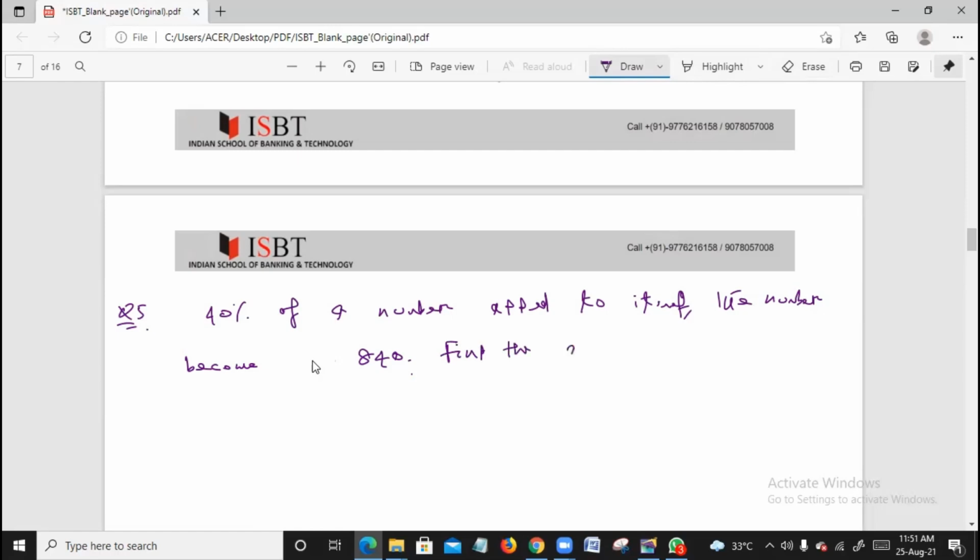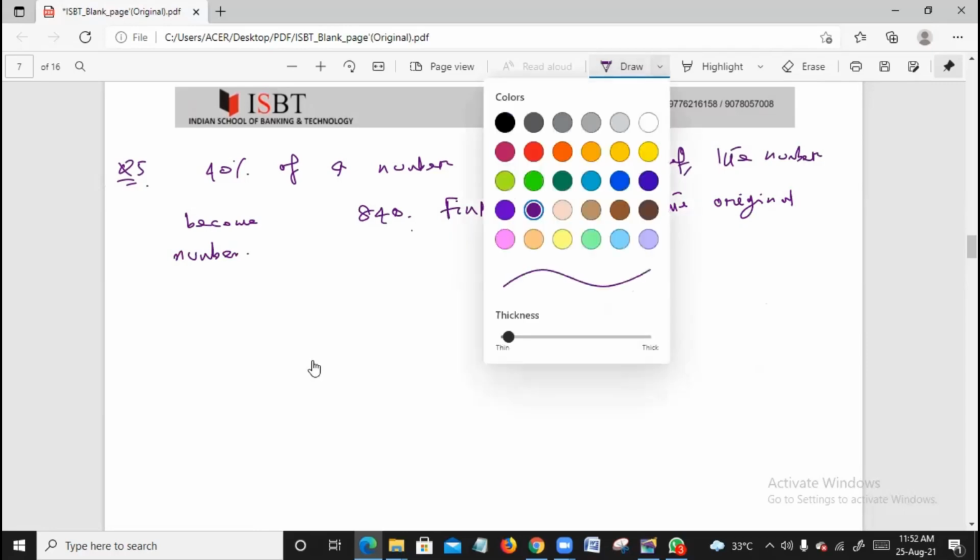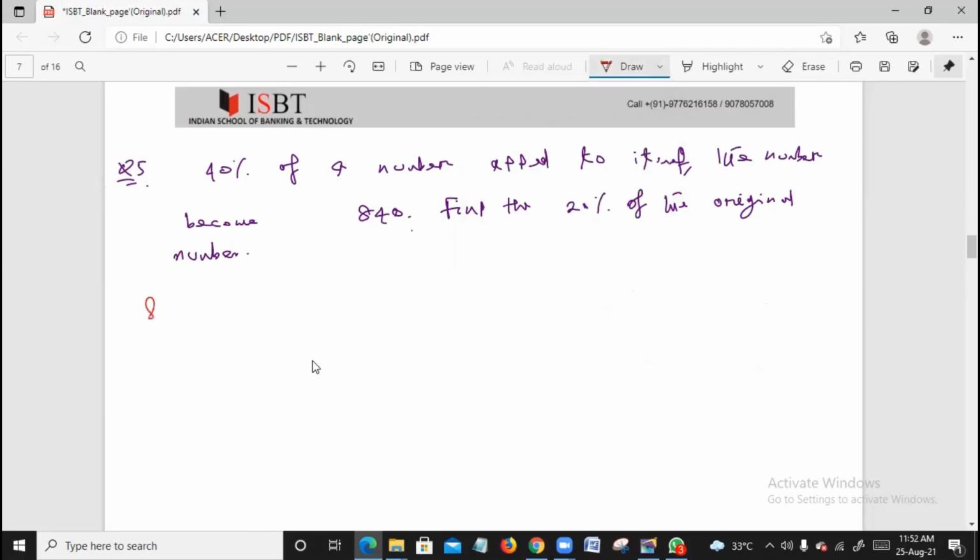So the question is, find the 20% of the original number. Okay. Now we solution. Here is the solution. 40% of number added to itself.